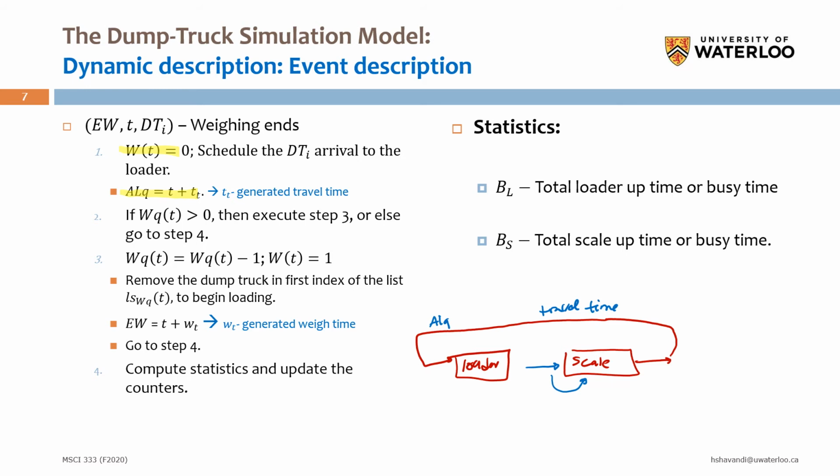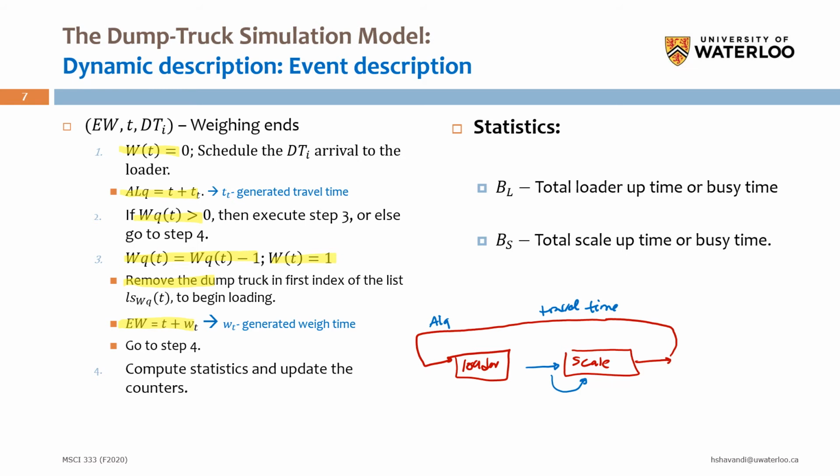Then we check the status of the waiting line for the scale, and if it's positive, we subtract the number of dump trucks waiting in line, change the status of the scale to busy serving that dump truck, remove that dump truck from the list, and schedule the end of weighing event at time t plus wt. Okay, and that's it.